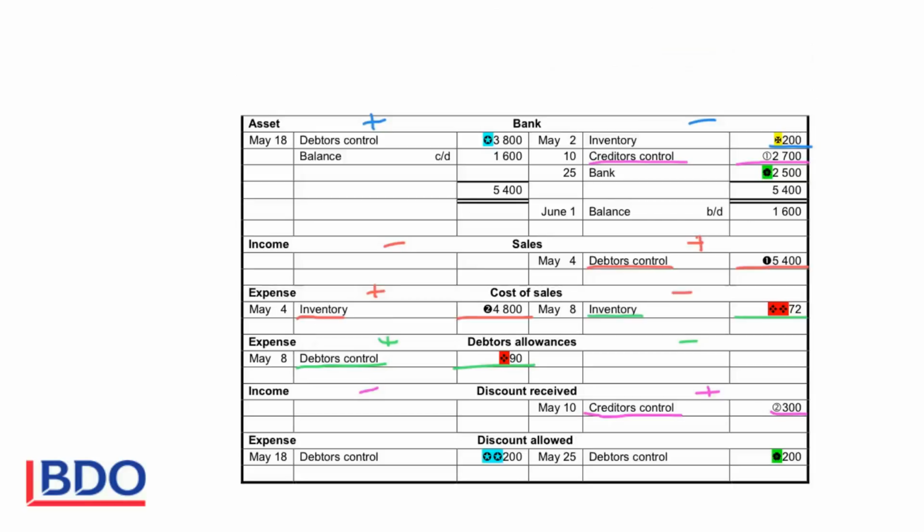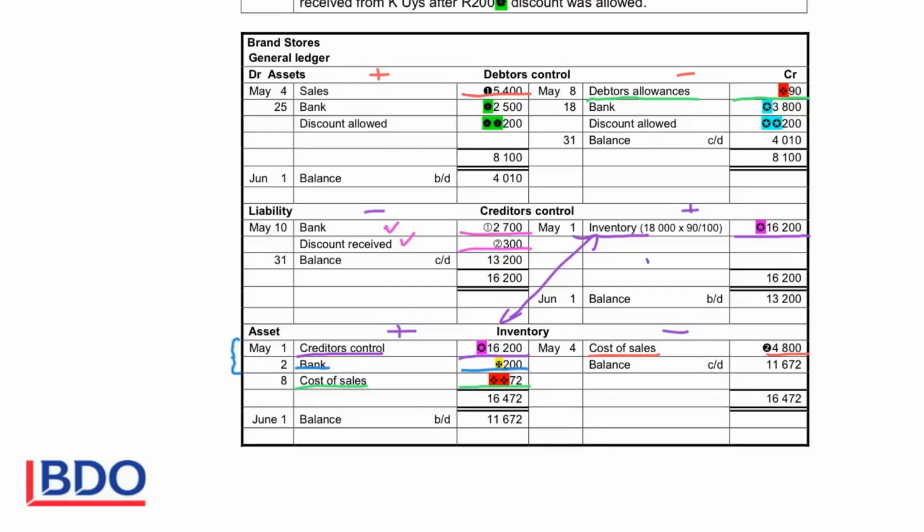The bank will be debited with the total amount received, 3,800, to increase the money in the bank, and we will credit debtors control to indicate that the debtors owe less money, so we decrease them on the credit side with the 3,800.